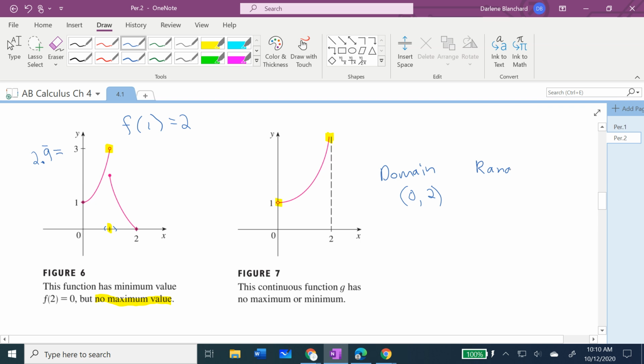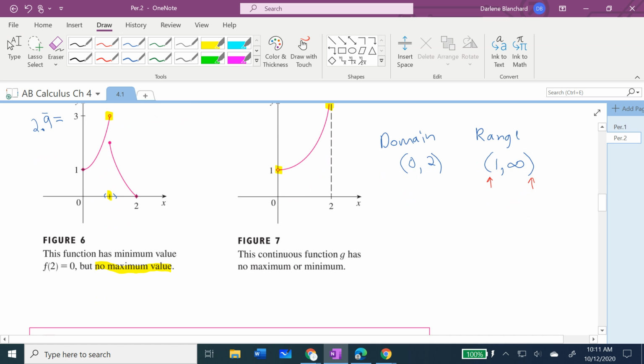My range is open interval 1 to infinity. In order to have an absolute maximum or an absolute minimum, your range has to have square brackets. If it has round brackets, it doesn't happen. All right, moving on.